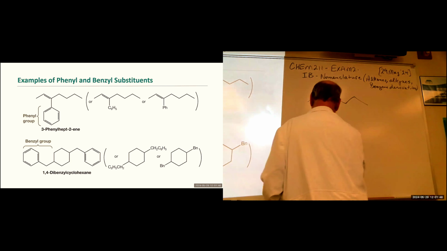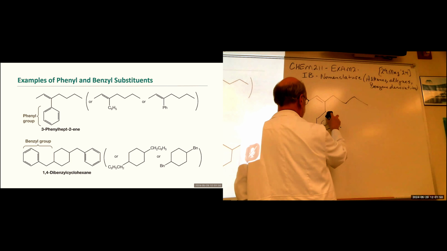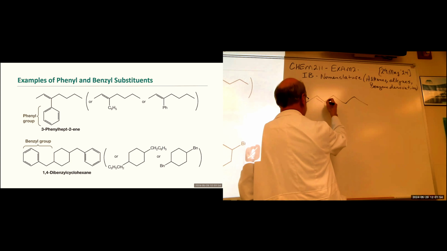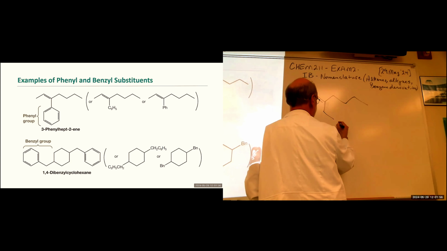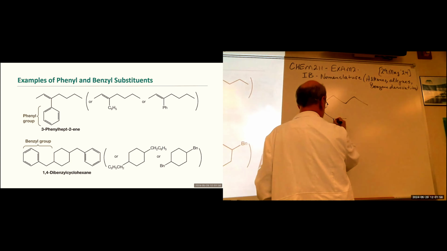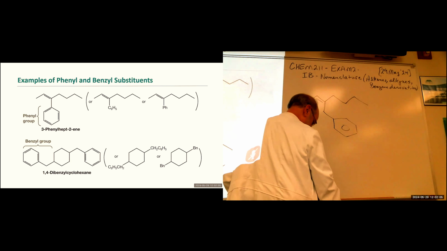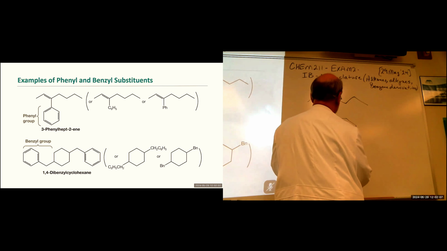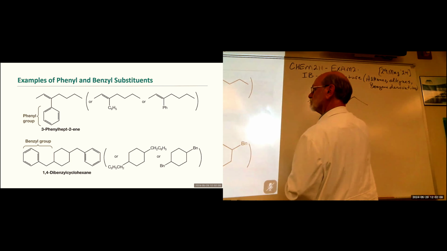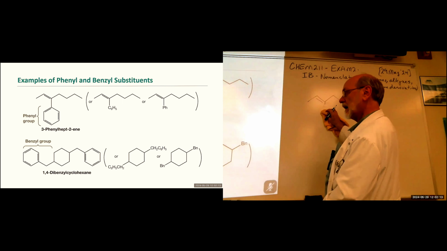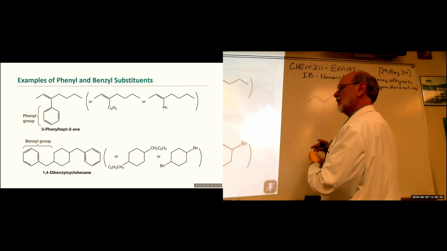If we drew it as a benzyl, then it would be like this, like that, and then like that. There's a carbon in between. Okay, I think I get it now. Yes, like how it is on the second one. Oh, yeah, right. I don't know how I missed that one.